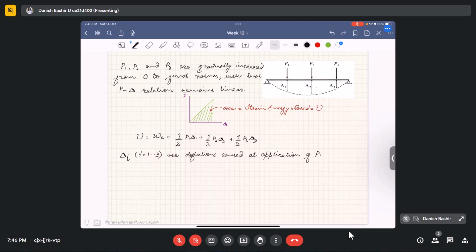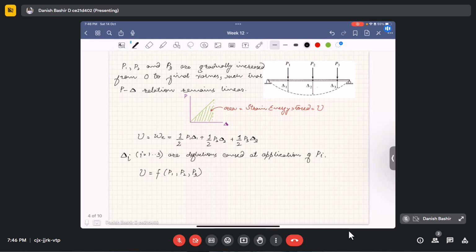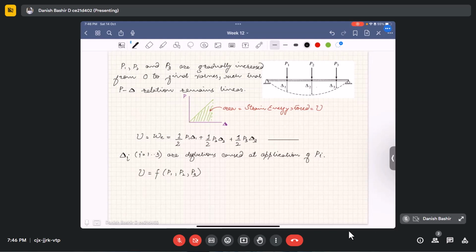Okay, that's clear. So from the above relation we are able to see that U is a function of P1, P2, P3. So if we treat this equation as 1, this equation is 2.